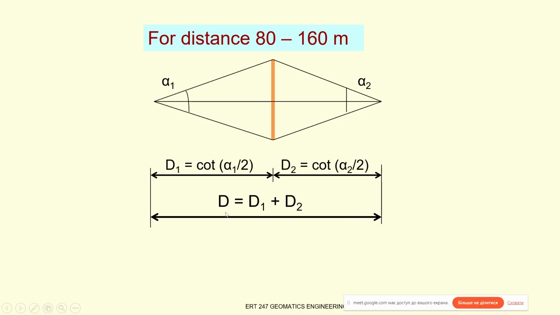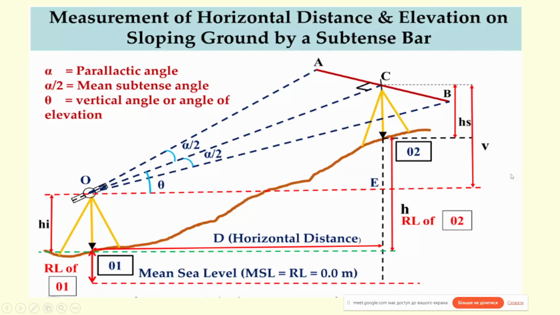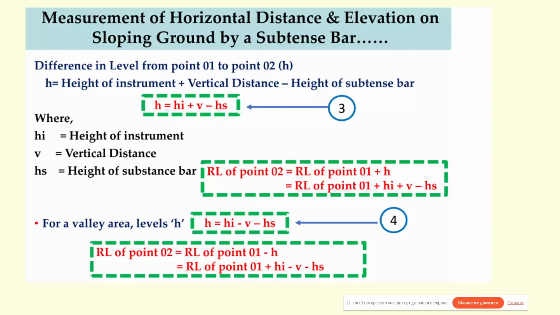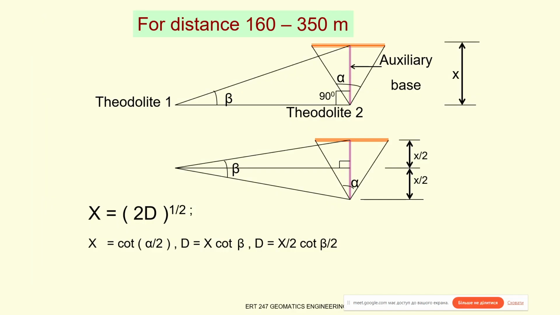And then we calculate, summarize D1 and D2 distances. You can see an example. Well, measurement of horizontal distance and elevation on sloping ground by substance bar. Here you can see all the explanations.